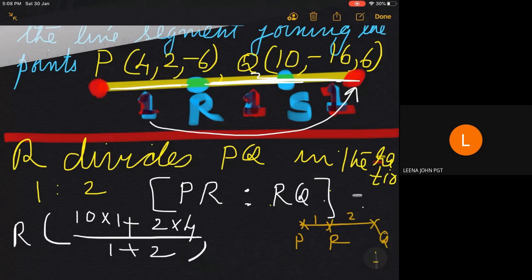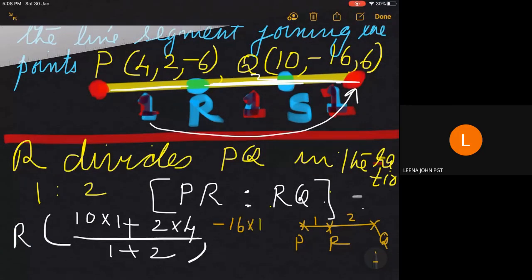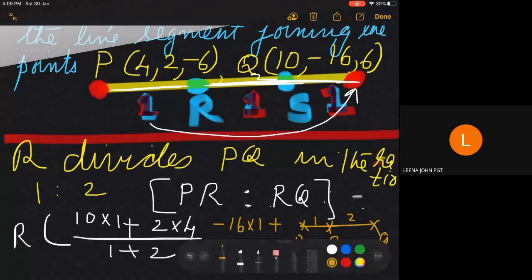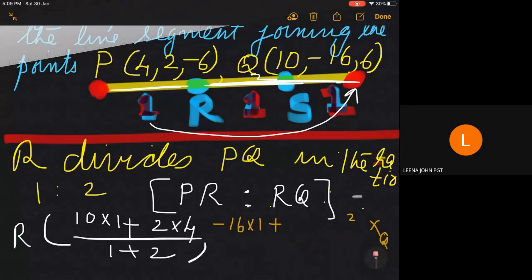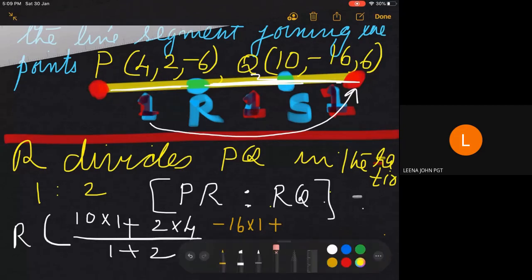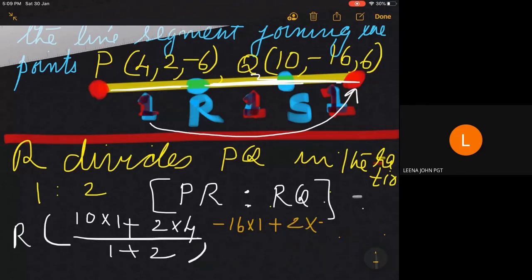Now similarly you can find the other coordinates also. That is, the y coordinate: minus 16 into 1 plus 2 into 2, divided by 1 plus 2.